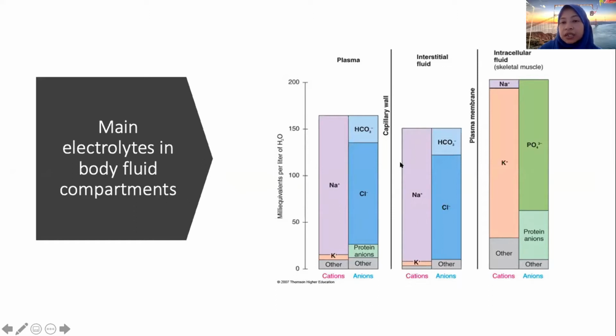Whereas for the anions, which are the negatively charged ions, the main anions in the extracellular fluid are bicarbonate and chloride. Conversely, in the intracellular fluid, the main cation is potassium, whereas the main anions are phosphate and protein, including the plasma proteins.